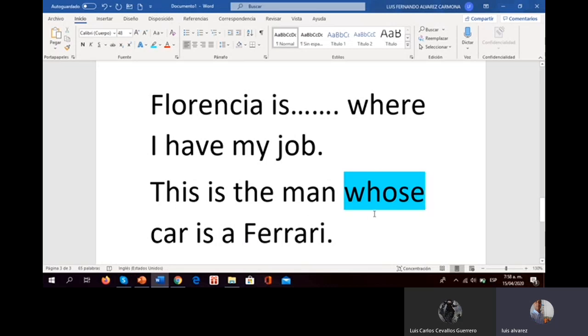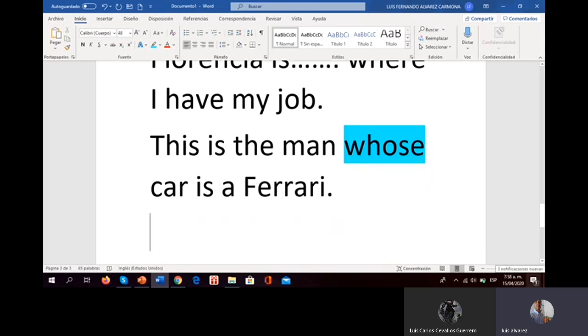So we use whose exclusively to indicate a possession. The Ferrari belongs to the man. So that's why we are going to use a relative clause that indicates possession. The best choice is whose.